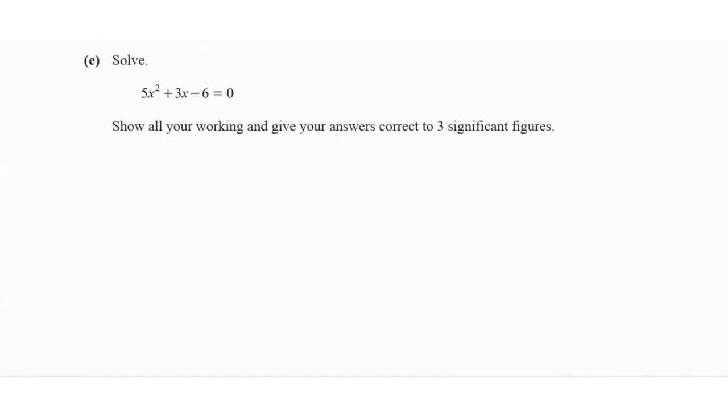Solve the quadratic equation. Since it says give your answer correct to 3 significant figures, that means just directly use the quadratic formula. x equals negative b plus or minus square root of b squared minus 4ac over 2a. a is the coefficient of x squared, which is 5. b is the coefficient of x, which is 3.